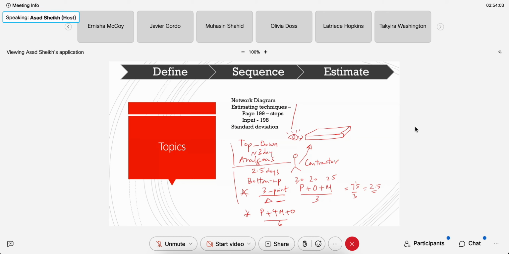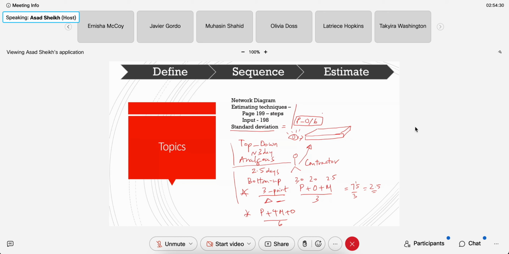So standard deviation, like this one here, is equal to pessimistic minus optimistic divided by 6. Standard deviation: pessimistic, worst case scenario, minus best case scenario, divided by 6.